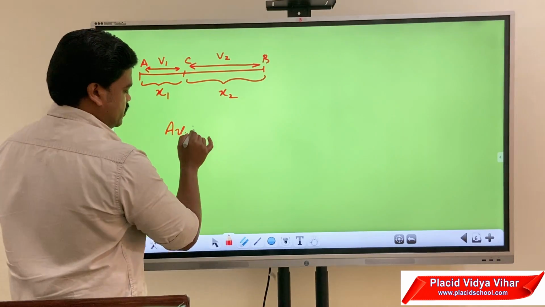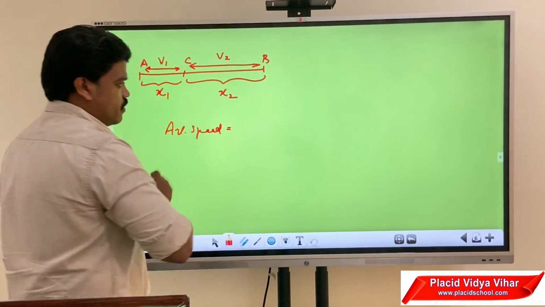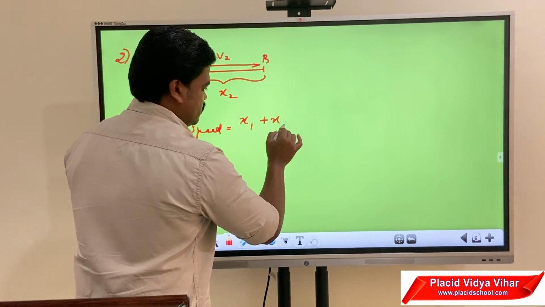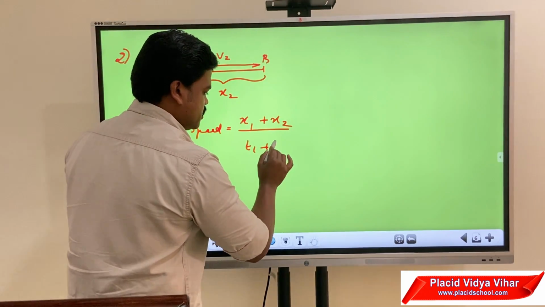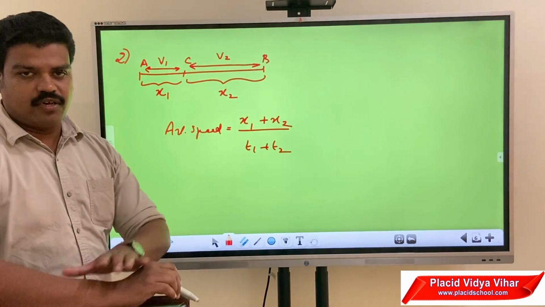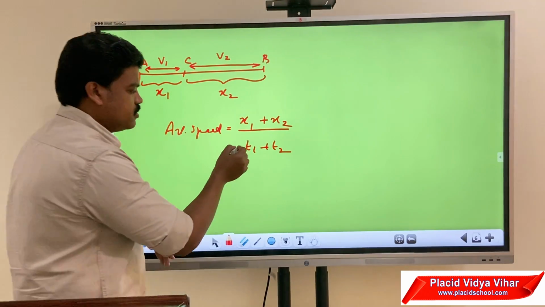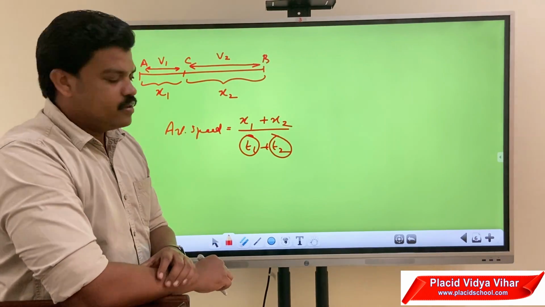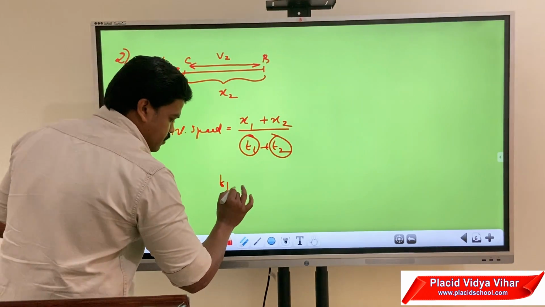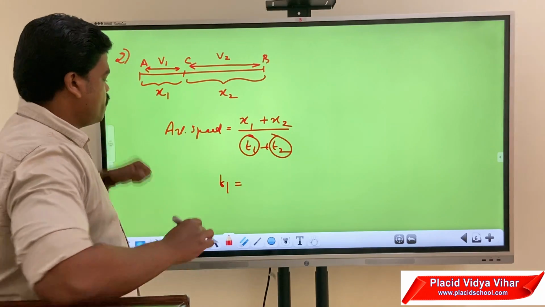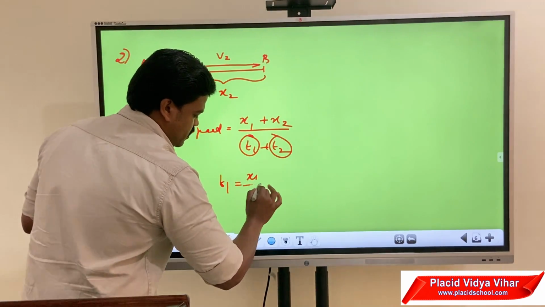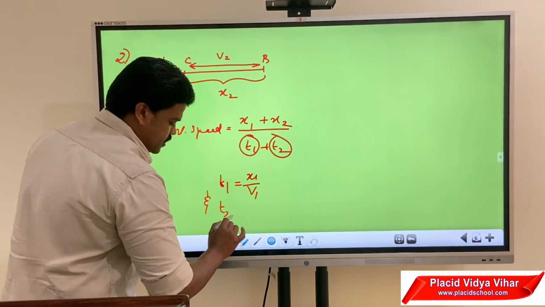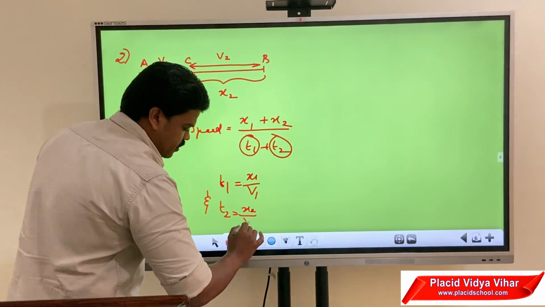Then average speed in this case is equal to distance covered x1 plus x2 by t1 plus t2. This is a fundamental equation, but here we don't know the values of t1 and t2. Clear? Now we are going to express t1 as x1 by v1 and t2 as x2 by v2.